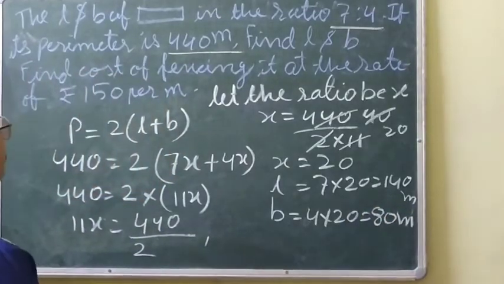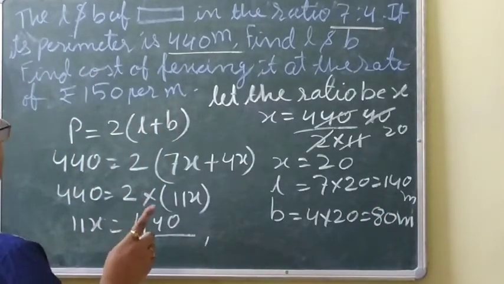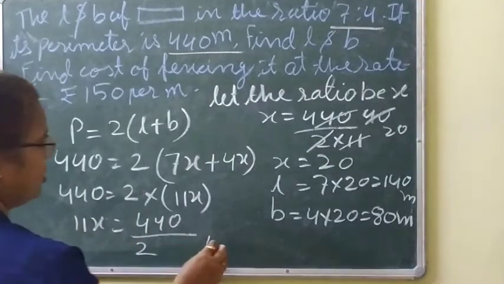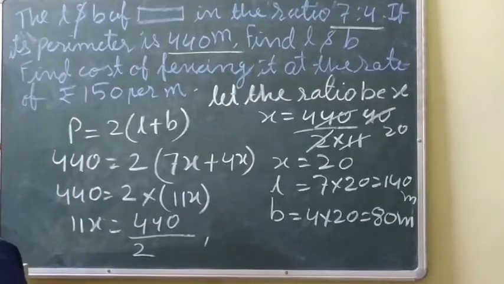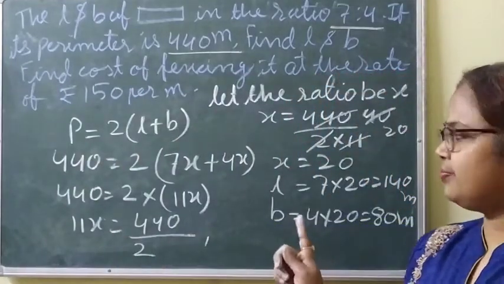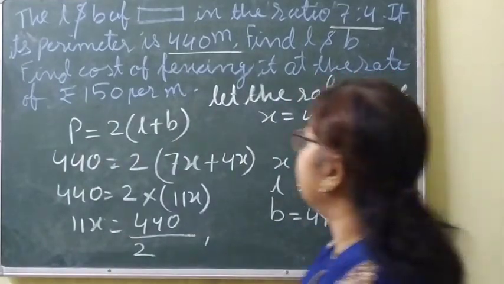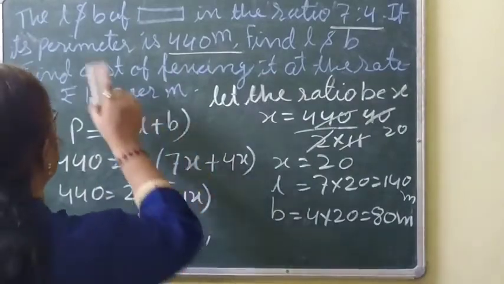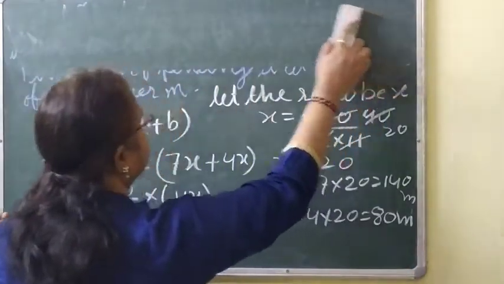Okay. Now we have to find out the cost of fencing it at the rate of rupees 150. So cost will be equal to what? When you have to find out the cost, we will multiply. Clear? So where will you multiply? The perimeter.